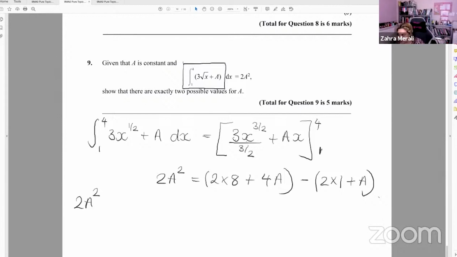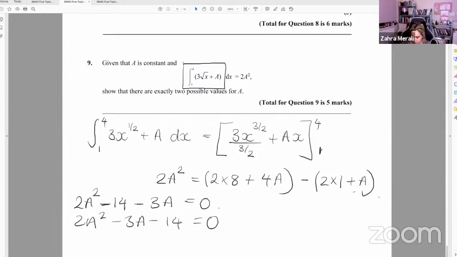Bring it all on to one side, so we're going to get minus 14, and then we've got 4a minus a, which is 3a, bring it on this side, gives you minus 3a equals 0. So 2a squared minus 3a minus 14 equals 0.